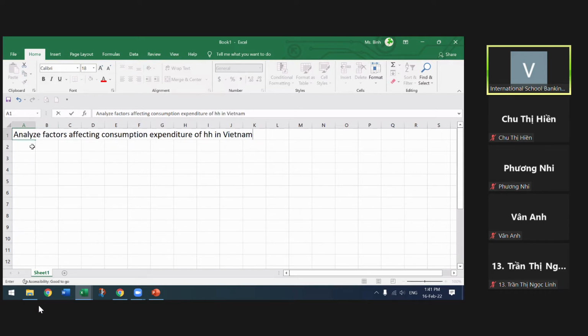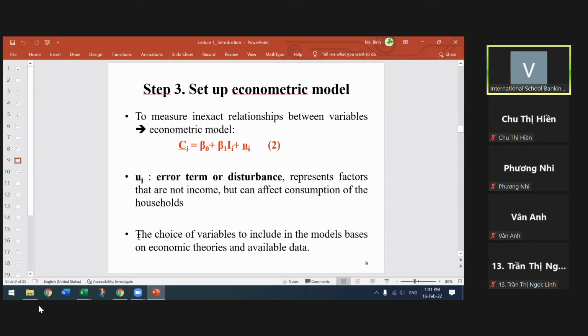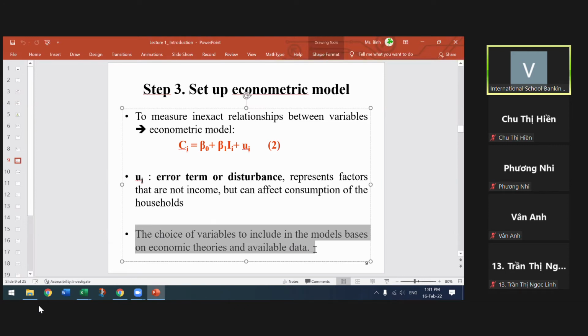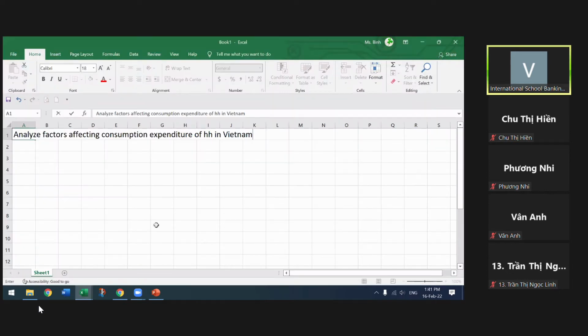If we have a topic like this, I am explaining to you this point in the slide: the choice of variables to include in the model based on economic theories and the availability of the data. For example, we want to analyze factors affecting consumption expenditures of households in Vietnam.